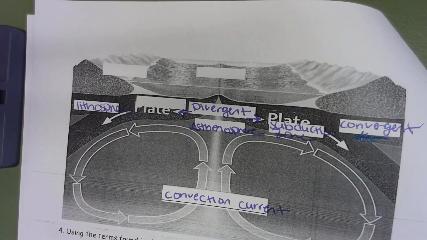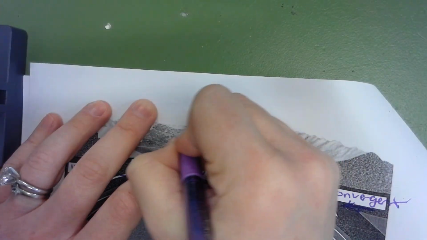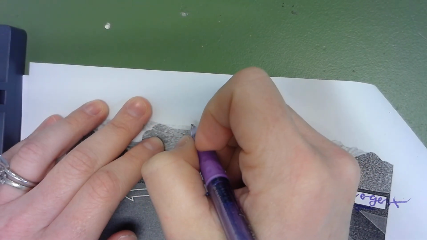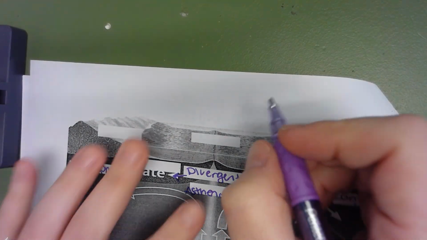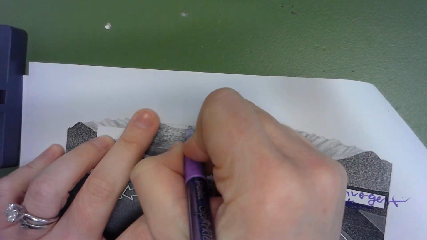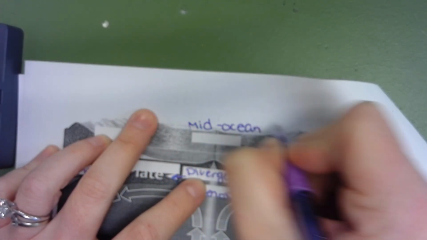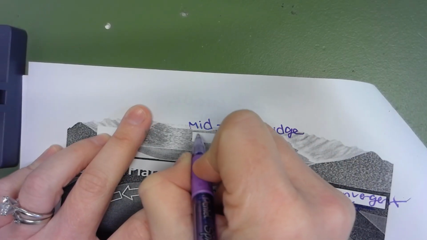So I would like to put that maybe here. Did we put seafloor spreading on here already? We missed it. Okay, look, here's what I'm going to do. We're going to put mid-ocean ridge, but this is the location of seafloor spreading.